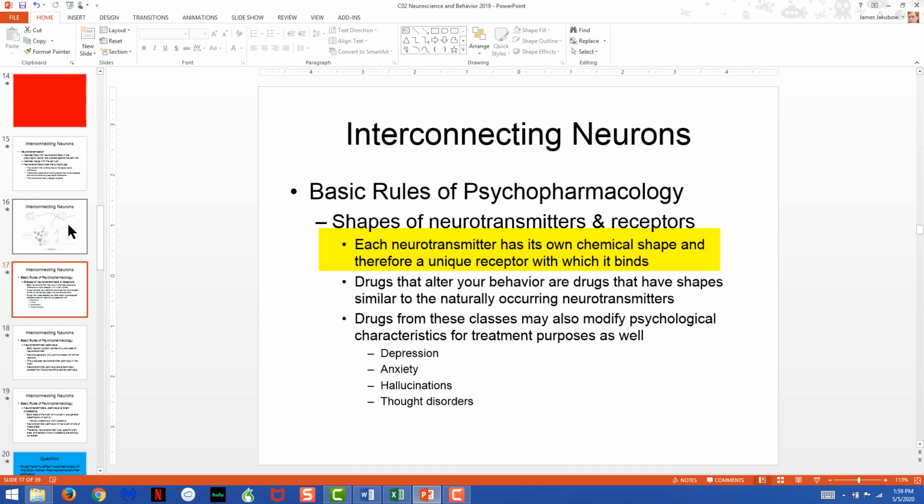Now, what will happen in terms of drugs is that pharmacologists will come along and create drugs that will get into the brain and have a similar shape to the receptors that already exist. If you make a man-made drug that doesn't occur naturally in the environment, and you can use it as a substance to stimulate the receptors or even suppress their activity, then that's essentially how this process is going to work.